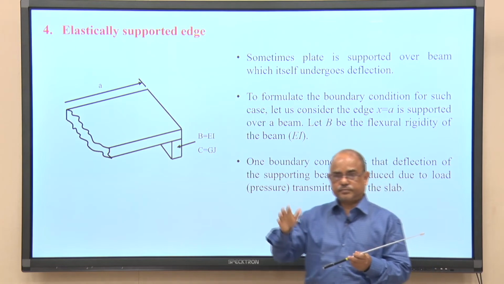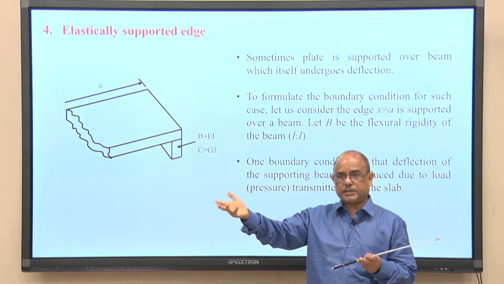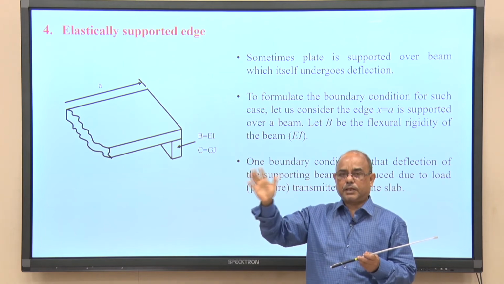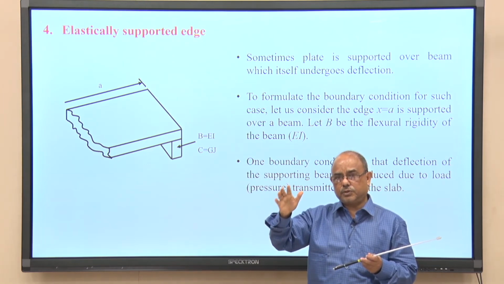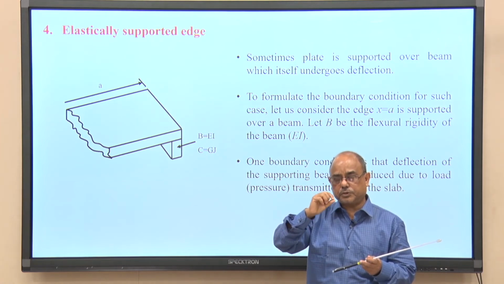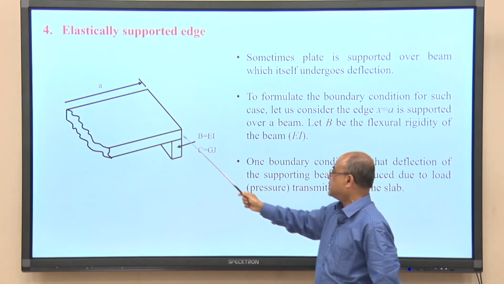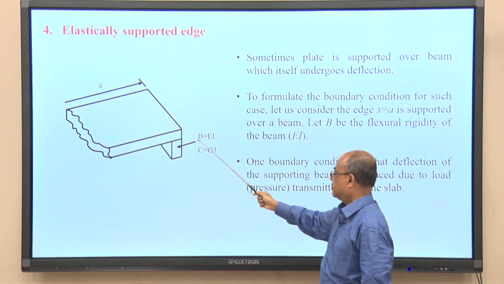Okay. So, you are understanding here that two conditions are necessary. One is that the beam deflection here will be the same as the plate deflection, but beam deflection can only be found when we know the distributed load over the beam. Distributed load over the beam is nothing but the shear along this edge. Okay.